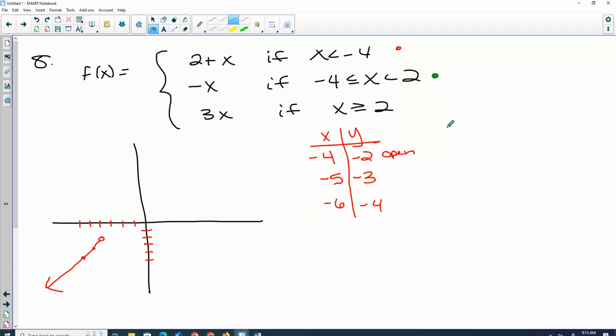Next piece. This one's a little bit different because I have a starting and a stopping point. So we have to put both of those in, and then just something in the middle. -4 had an equal to, so that's closed. But 2 did not, so that one will be open. And we're getting the opposite of x. So opposite of -4 is 4, opposite of 0 is 0, opposite of 2 is -2.